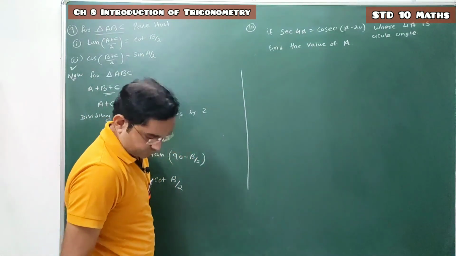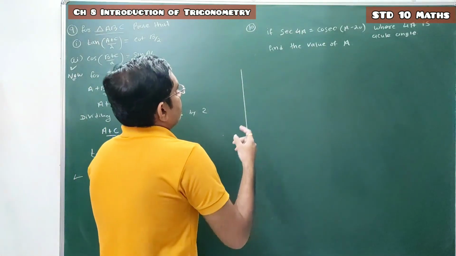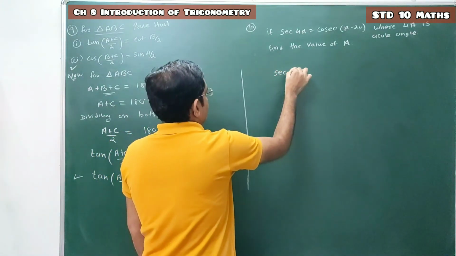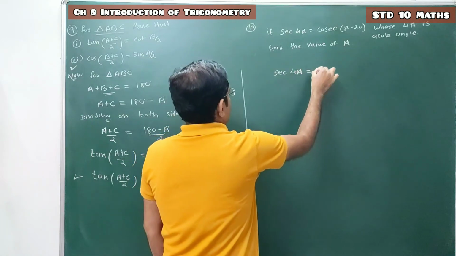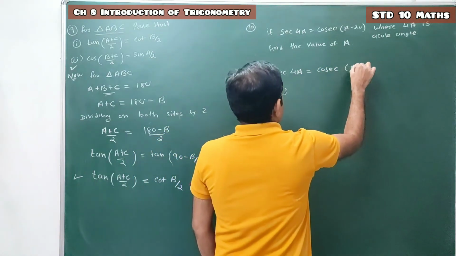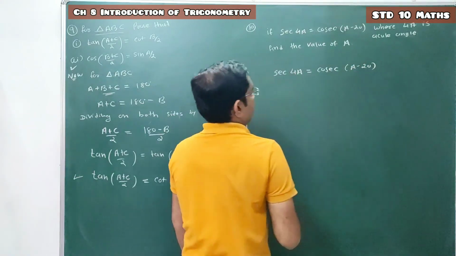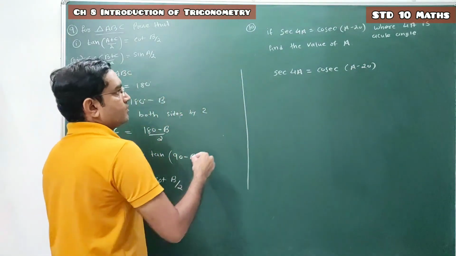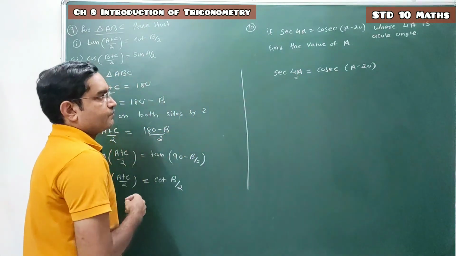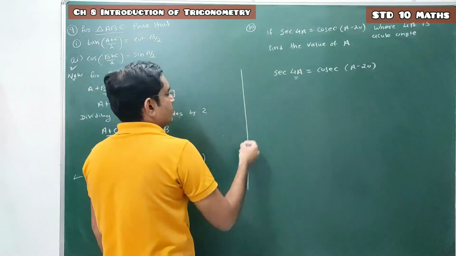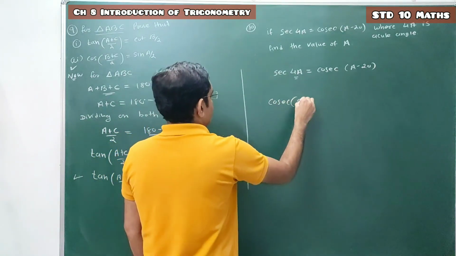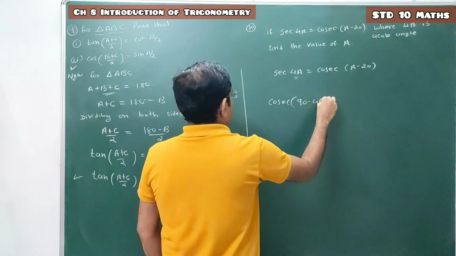So now, we are given that sec 4A equal to cosec A minus 20, where 4A is the measure of one acute angle, and you have to find the value of A. So we know that the complement of sec is cosec. So this one is cosec 90 minus 4A.